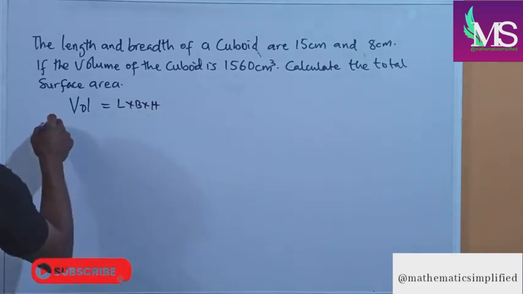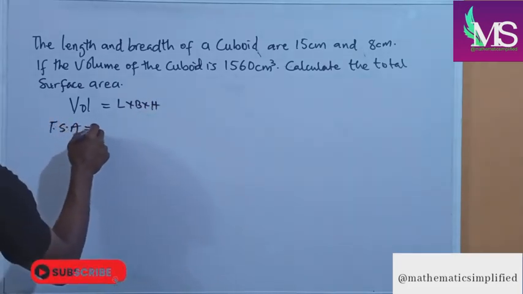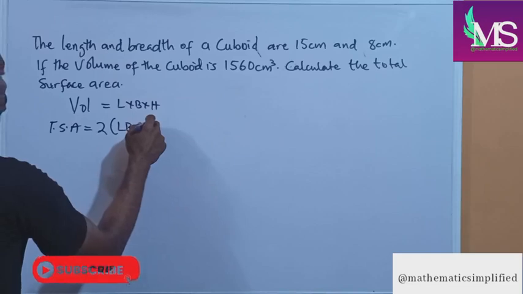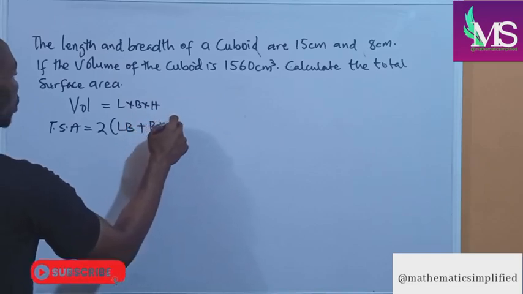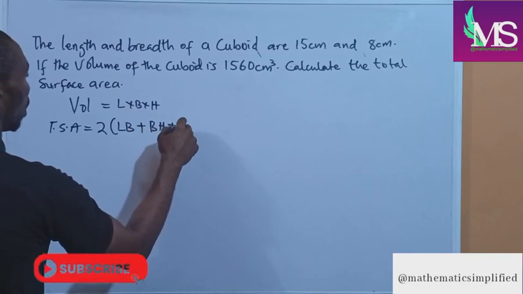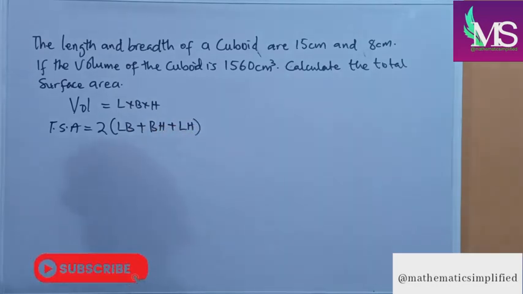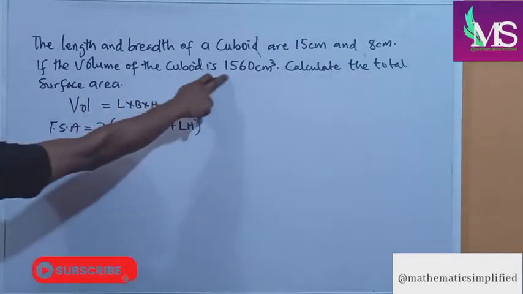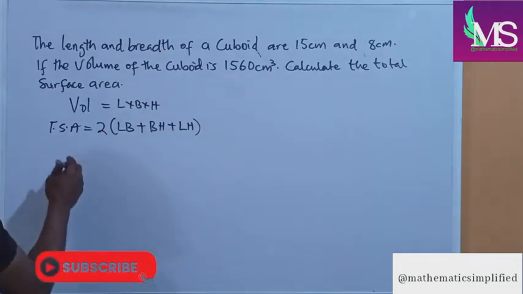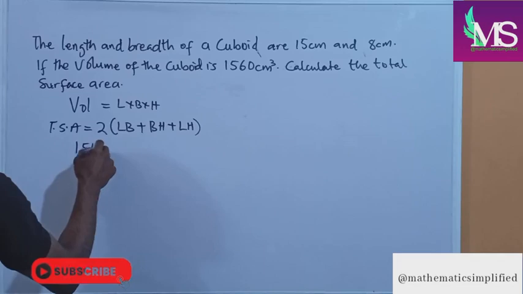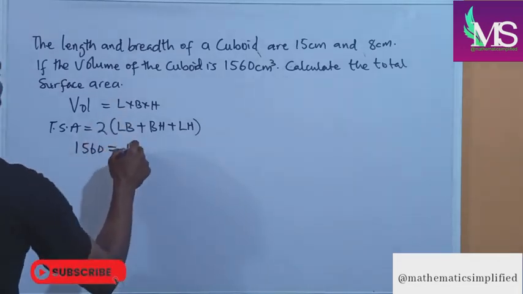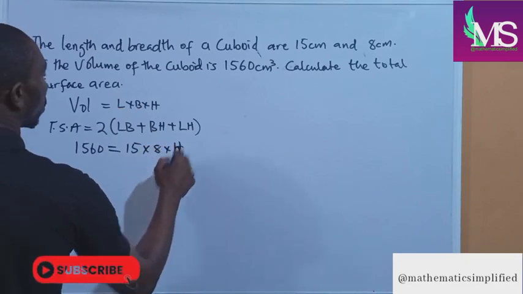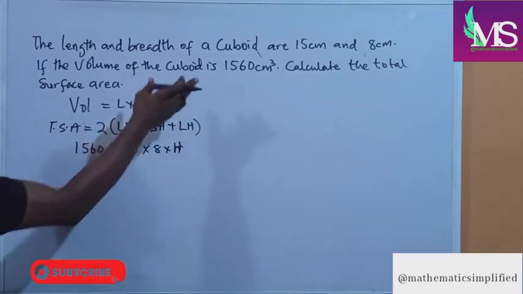Okay, and total surface area of cuboid, we have it as 2 bracket LB plus BH plus LH. Okay, all right. Now, for volume, we've been given the volume to be 1560. Well, this will be 1560 equals length is 15 times breadth is 8 times height we do not know. So we can use this to find our height.